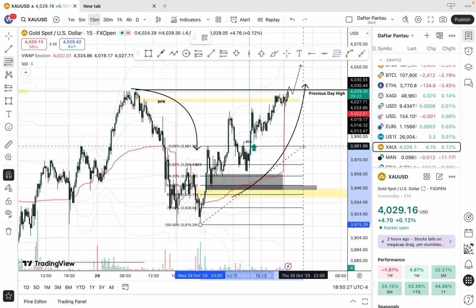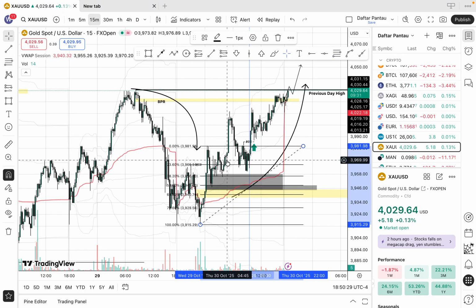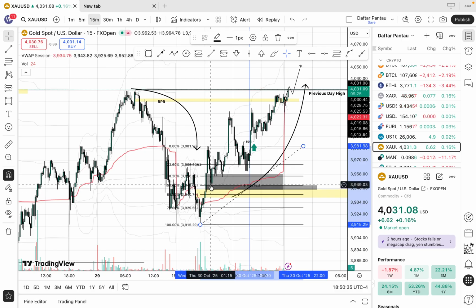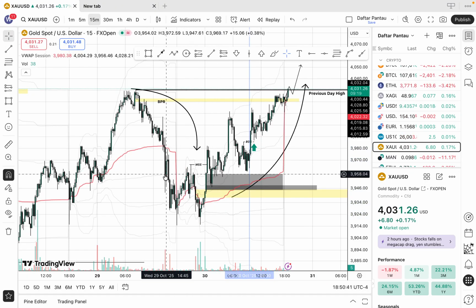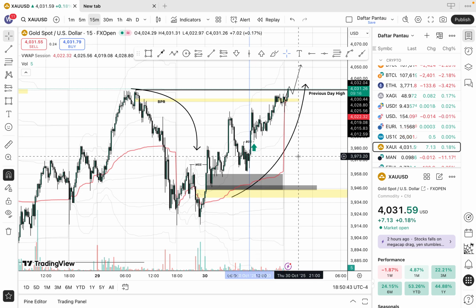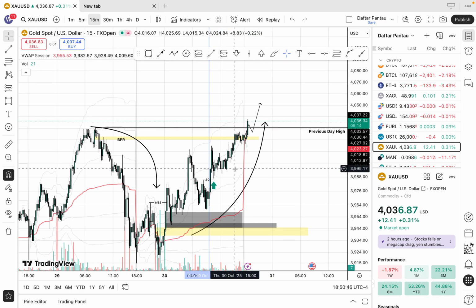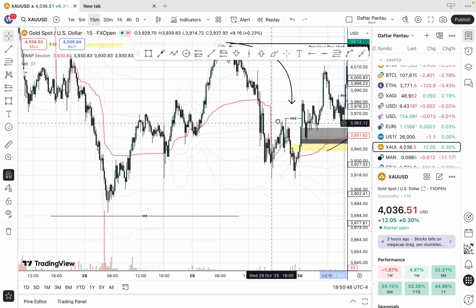We draw the Fibonacci retracement, and below the 50%, when the price touches the 50%, we can enter a buy, because actually the price is breaking the structure and continuing for the bulls, right? That's it.